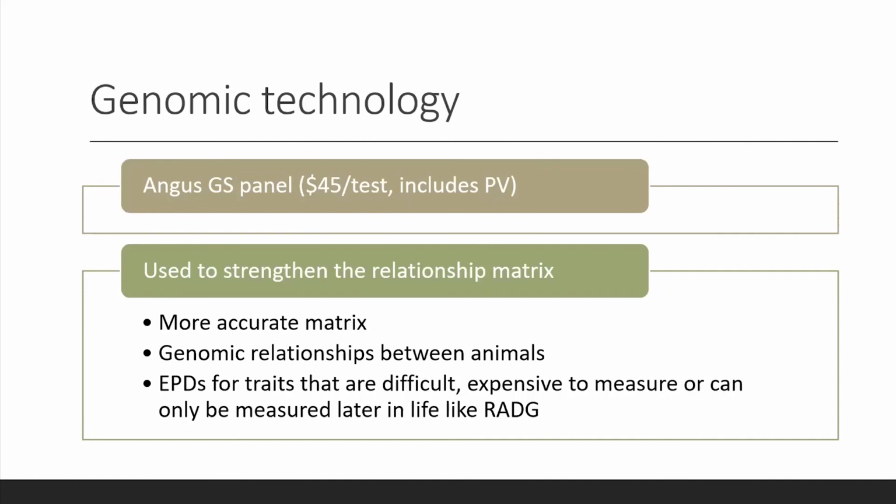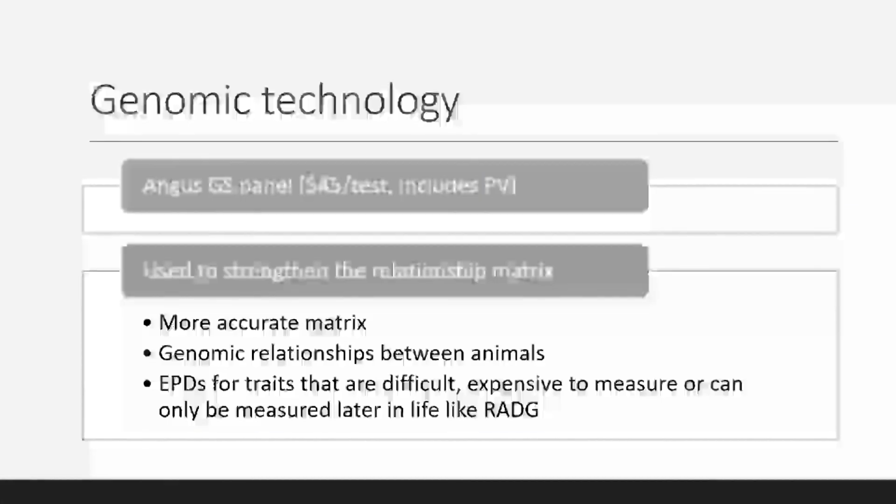GrowSafe bunks are really expensive, but if you've tested some animals on GrowSafe bunks for feed intake and then they're genotyped, and then you genotype other animals that are related, we can share those phenotypes between those animals. So it adds accuracy to all the animals' EPDs. So that's another way we can add accuracy to our EPDs.